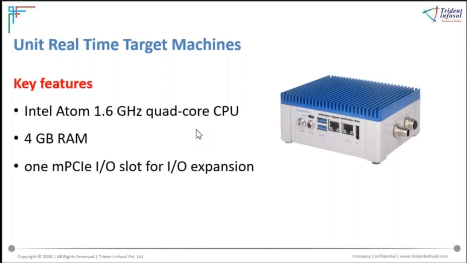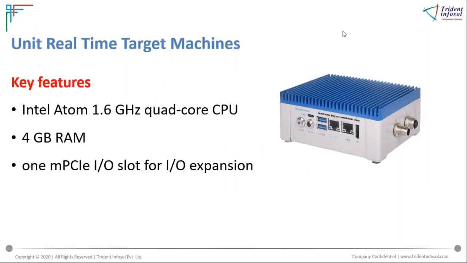It's a small, lightweight, and rugged computer which offers connectivity for multiple IOs, multiple input-output functionality. Here the CPU is an Intel Atom CPU. It has 4 GB RAM, and also it has one mPCIe slot for the connection of IO modules.